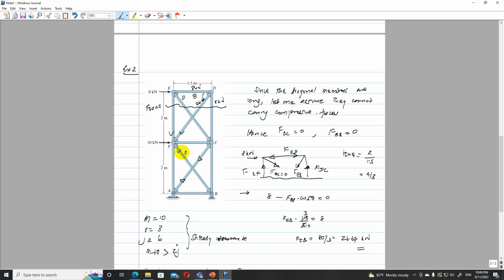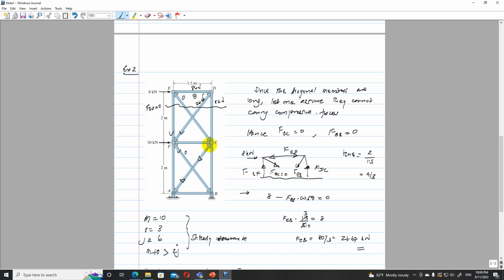Okay, so in this equilibrium there are 2 forces now left, FFA and FFC. So if I balance horizontally, I can find the value FFC, and if I balance vertically, I can find the value FFA. Okay, I can find FFA.